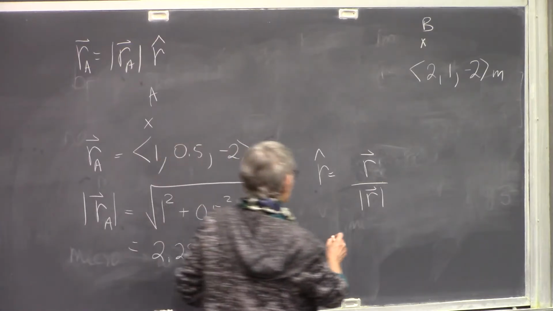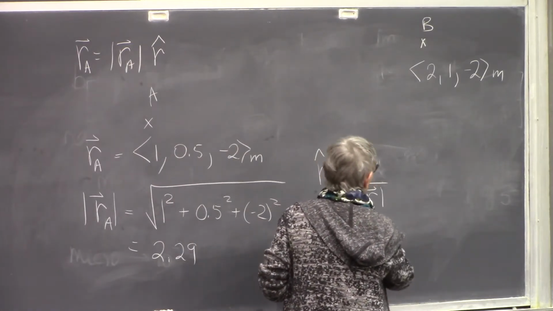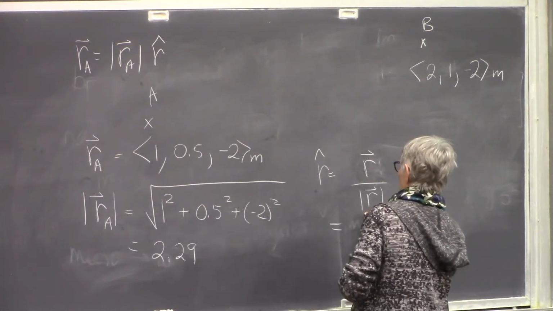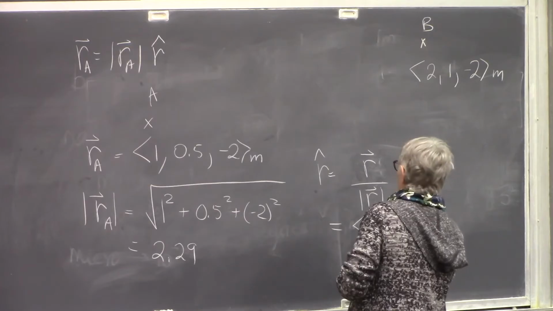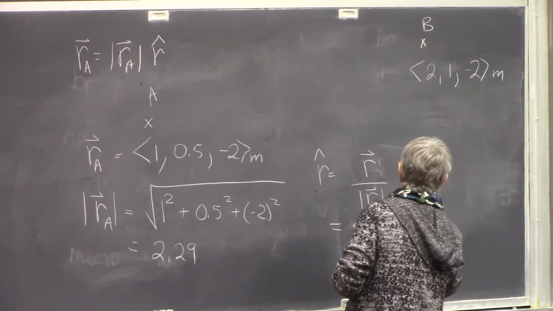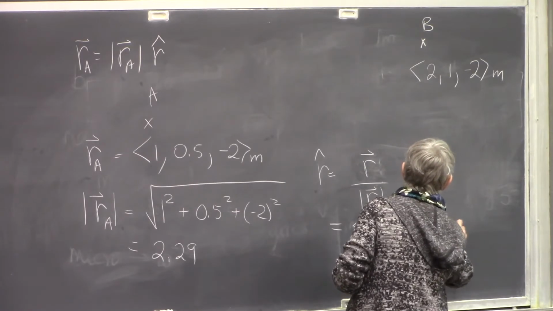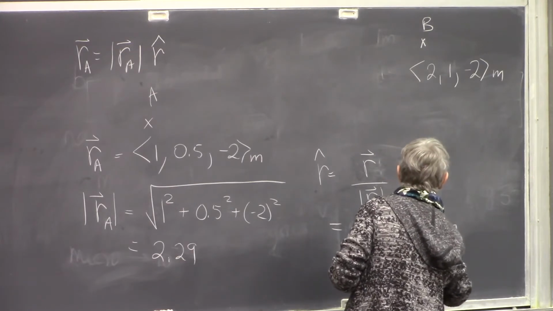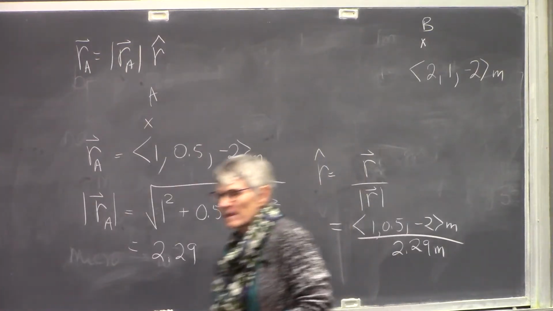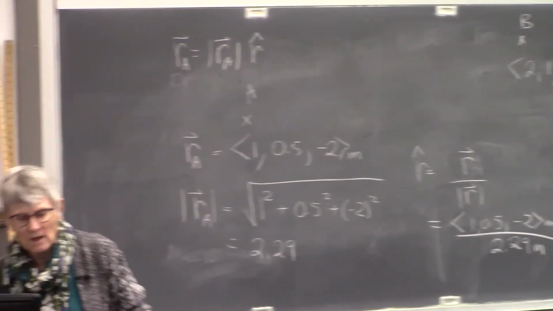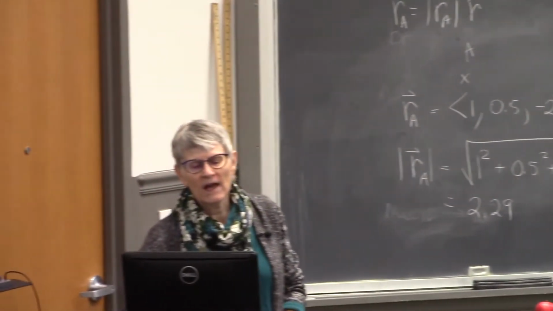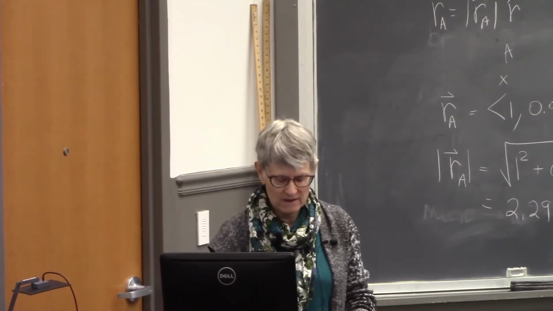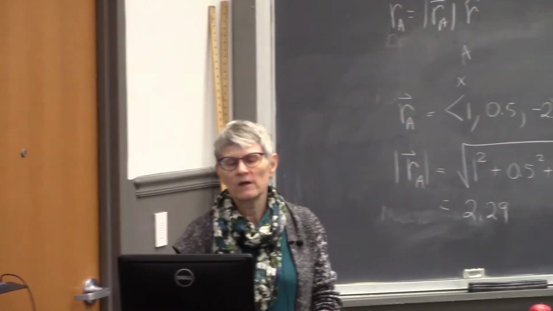So what we're going to do is divide 1, 0.5, negative 2 meters by 9 meters. And that means we're dividing everything, so we could do this.